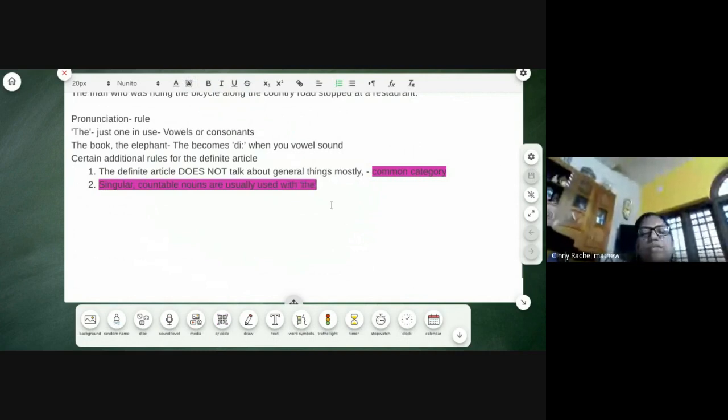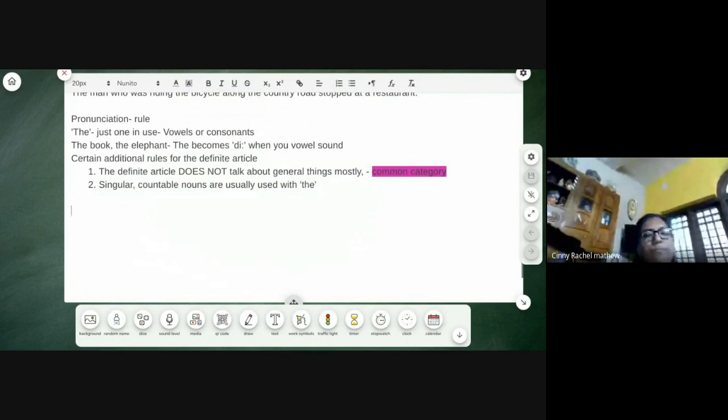Singular countable nouns are usually used with the. I don't know how this color came. Make it white. So singular countable nouns are usually used with the.